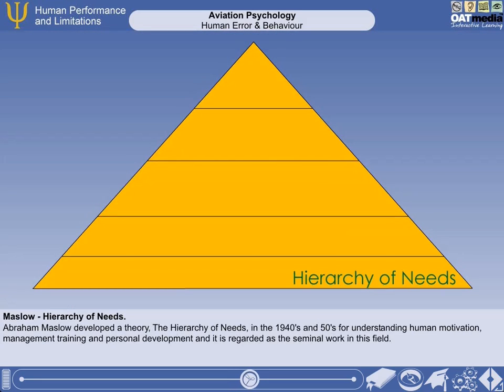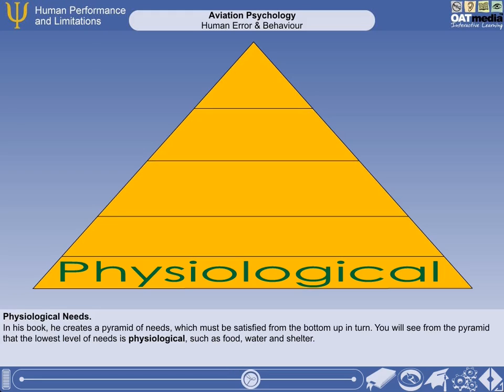Abraham Maslow developed a theory, the hierarchy of needs, in the 1940s and 50s, for understanding human motivation, management training, and personal development, and it is regarded as the seminal work in this field. In his book, he creates a pyramid of needs, which must be satisfied from the bottom up in turn.